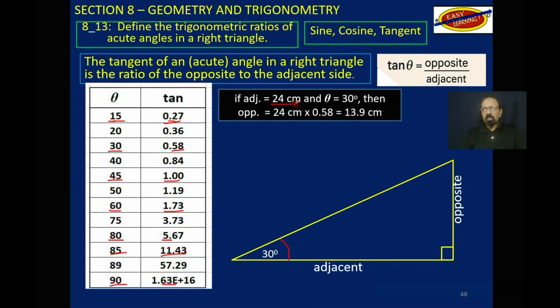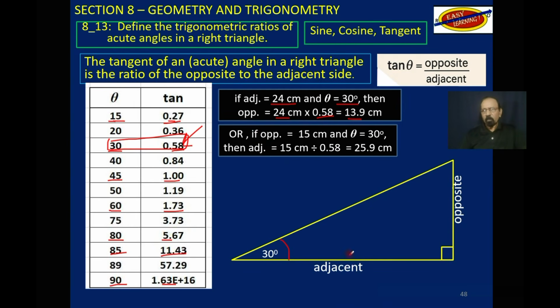Now, if the adjacent is 24 centimeters, that's this, at 30 degrees, then the opposite will be 0.58 of the adjacent, which would be 13.9 centimeters.